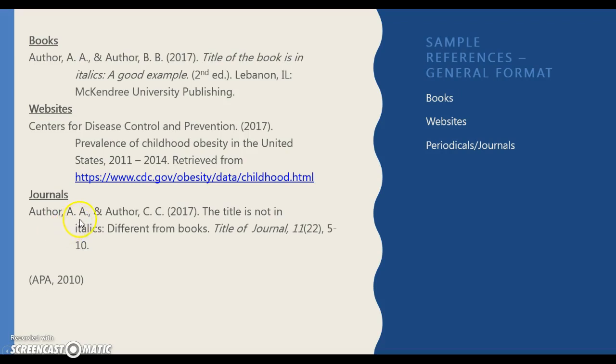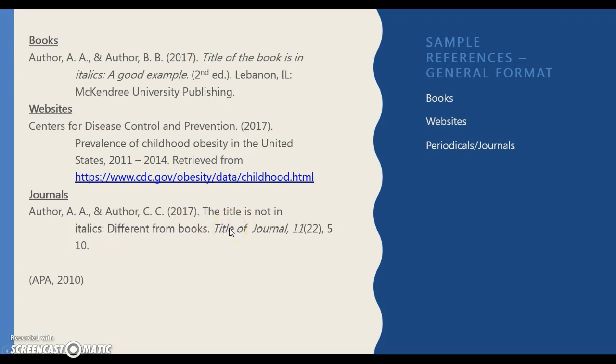As far as journals, again, you want to make sure that you include the authors, the date, the title is not in italics, and remember that book titles are in italics. And again, we want to watch out for those punctuation points and use a capital letter immediately following a colon.